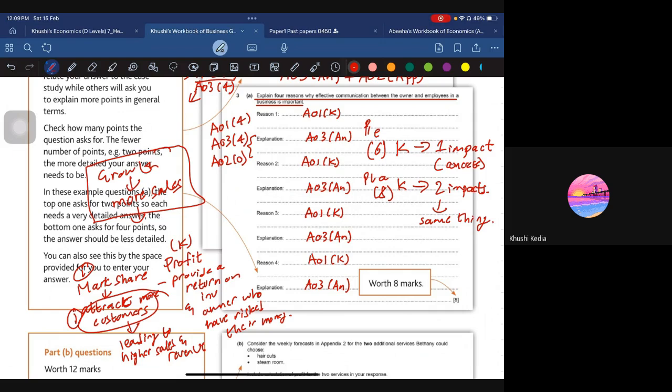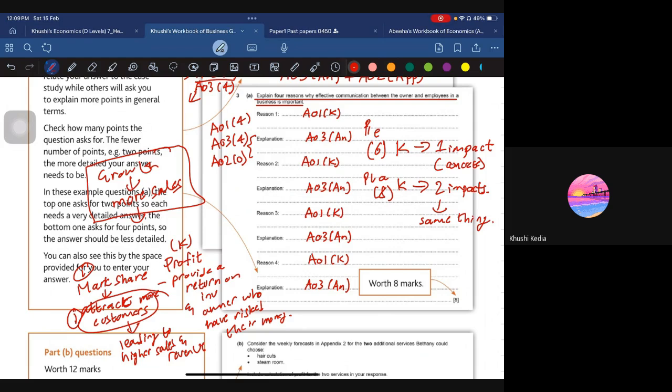You say, okay, if you do this, the business will have more growth and it will expand. So growth and expansion is the same thing. I always tell students, as an instructor explaining this, do not make such a mistake. It's far easier for me to say that than for the student who is actually writing that answer.